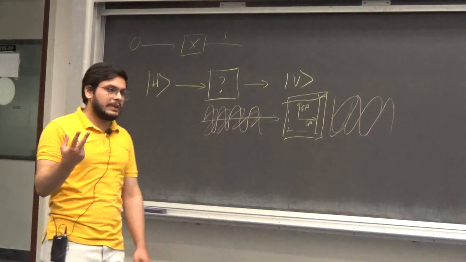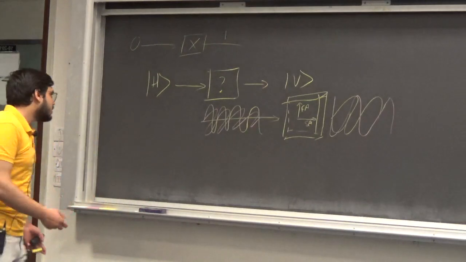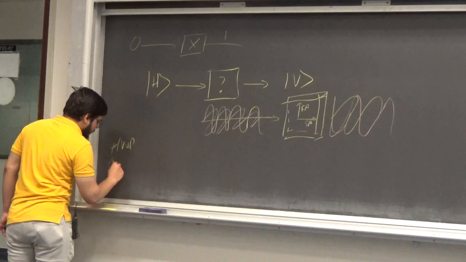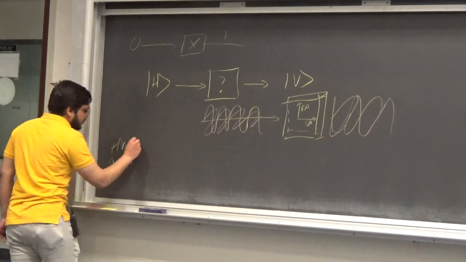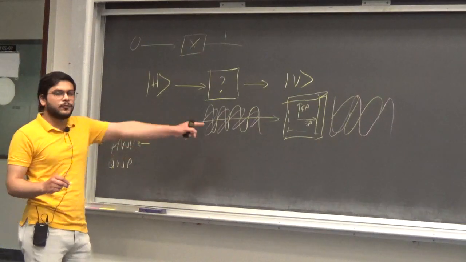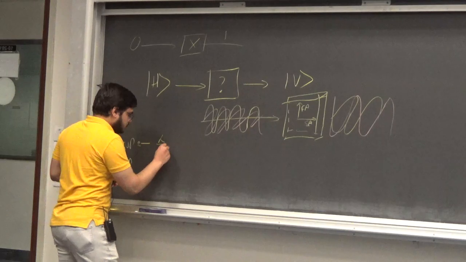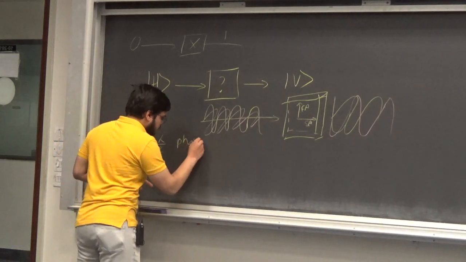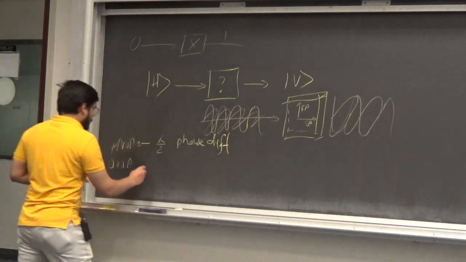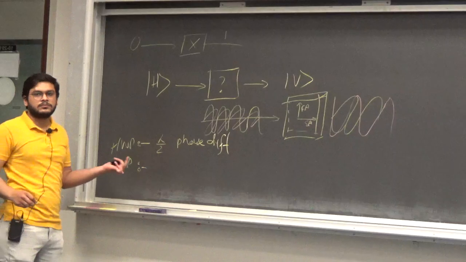Now the polarization changing elements are half-wave plates and quarter-wave plates. Why are they named so? As the name suggests, a half-wave plate will introduce a phase difference of half the wavelength. And a quarter-wave plate will be giving a phase difference of 90 degrees.